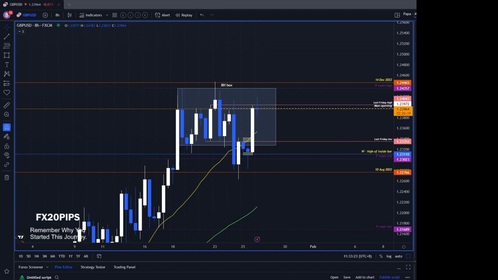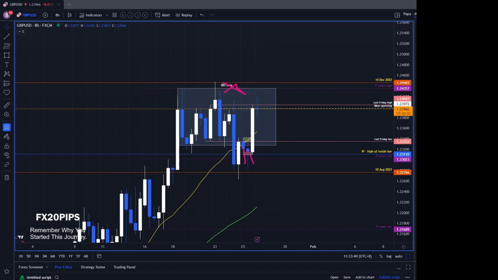But then I have two other candles here, two continuous candles that break out of the box. So technically, based on my own principle and theory, this 8-hour box should not continue.